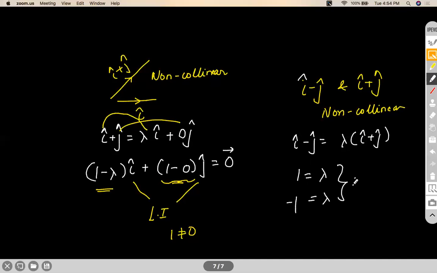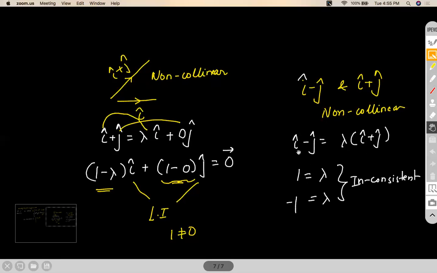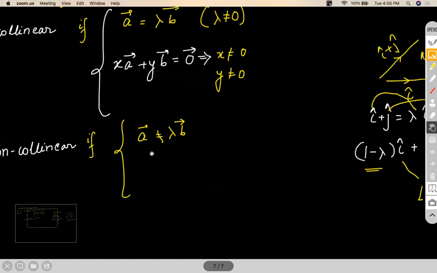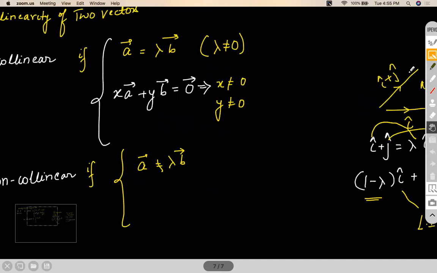That means there will be inconsistency in the value. So somewhere something will go wrong when you do this comparison. Either an inconsistency will happen or something non-mathematical will surface. So you will not be able to express one as a linear combination, as a scalar times the other.